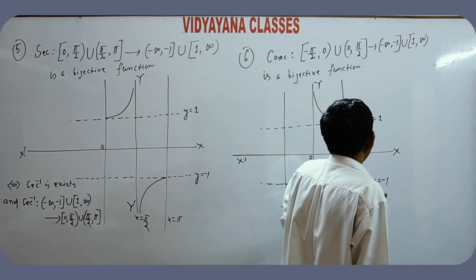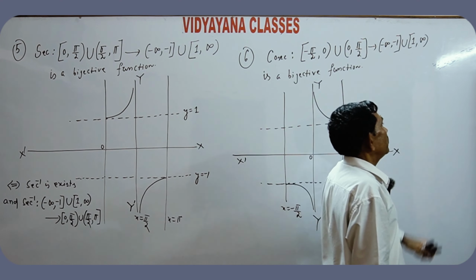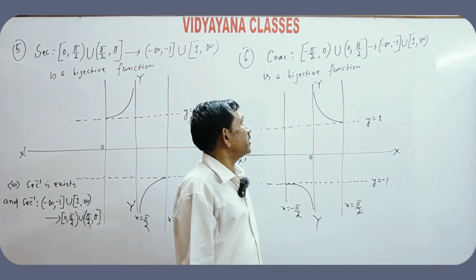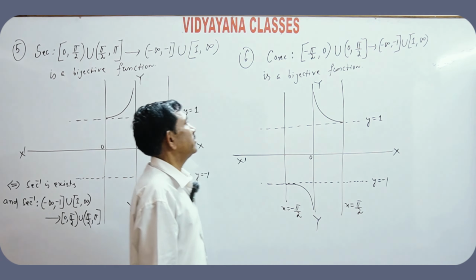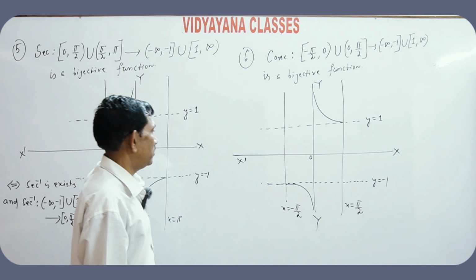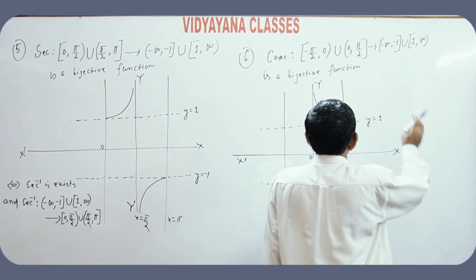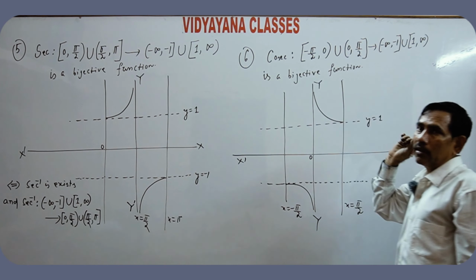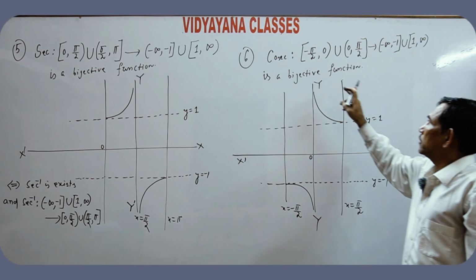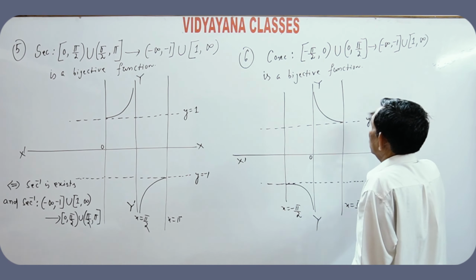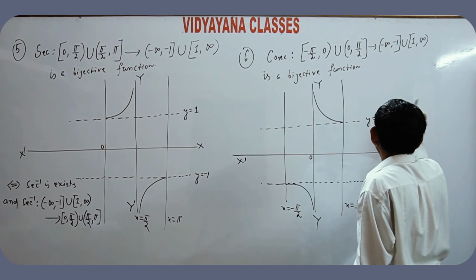So the range of the function is this, which is the same as the codomain set. If the range is equal to the codomain set, the function is onto. Since the function is 1-1 and onto, it is bijective. So cosec x is bijective.